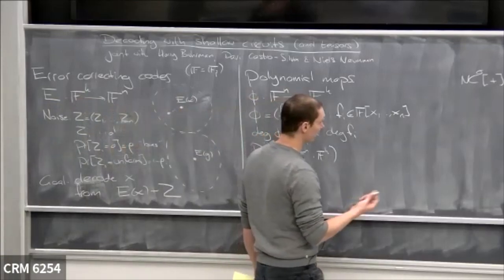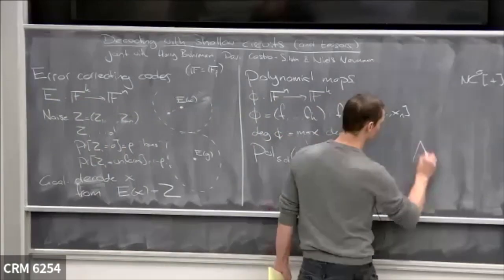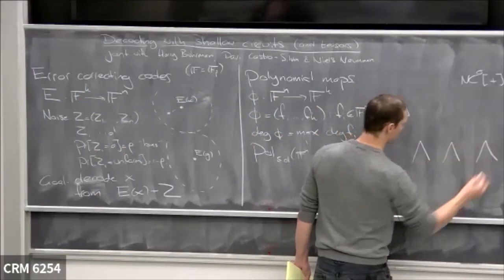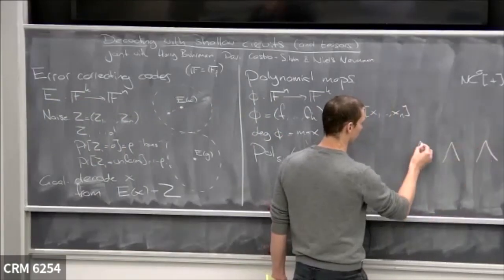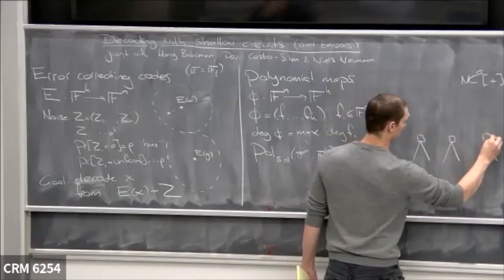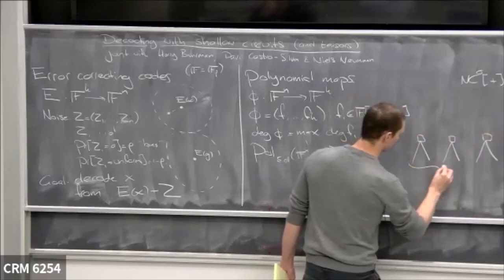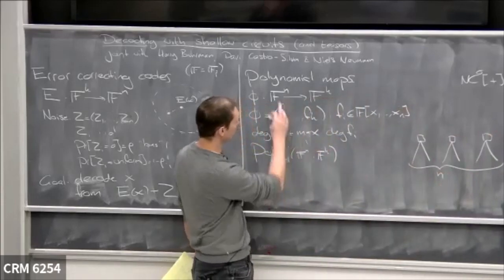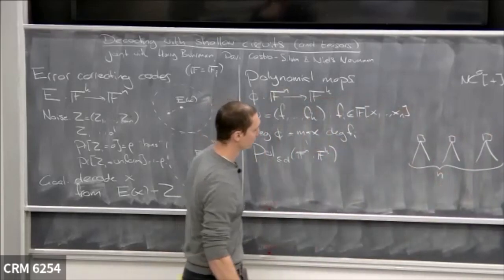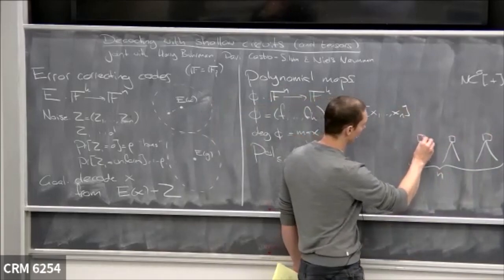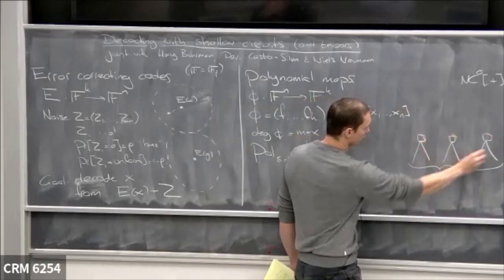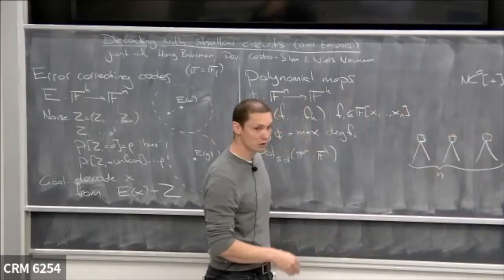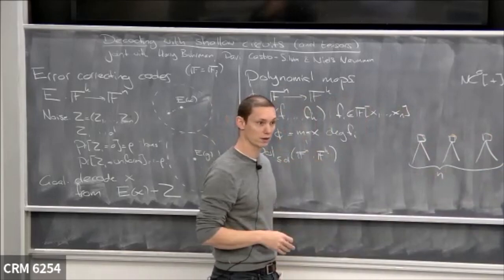So very briefly, what is such a circuit? Such a circuit can be modeled as a graph that looks like this. It has n input leaves. What goes in on the bottom is a vector from F^n. Then a bunch of gates, each arbitrary, but each depending on at most two coordinates at a time.